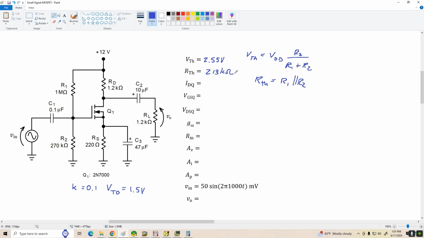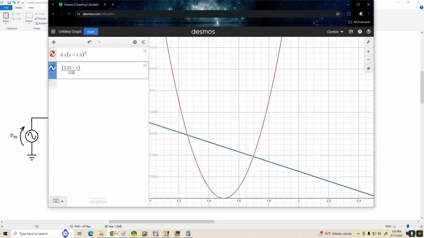All right, and then we can determine our drain current using the quadratic formula, or in this case, I'm just going to call up the graphical equation plotter Desmos, and we've already got it right here. We've got our K value of 0.1 times VGS minus the threshold voltage squared, so there's our parabola.